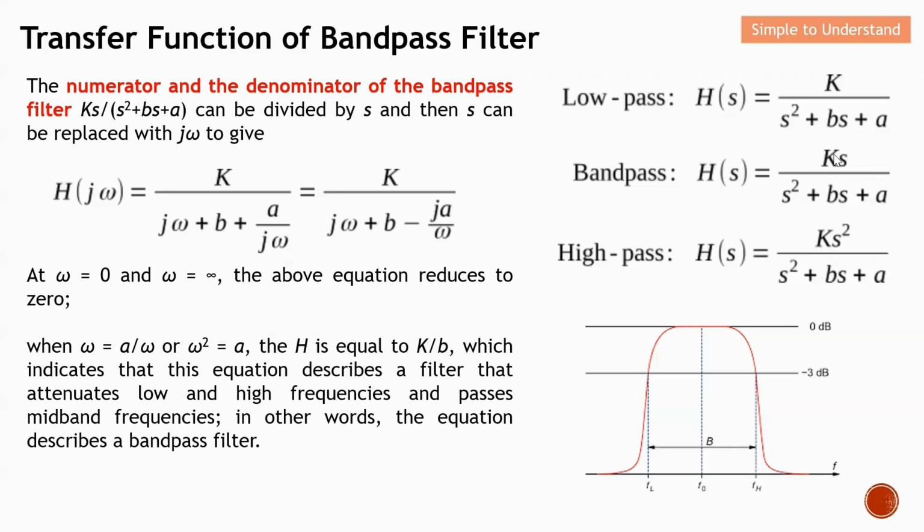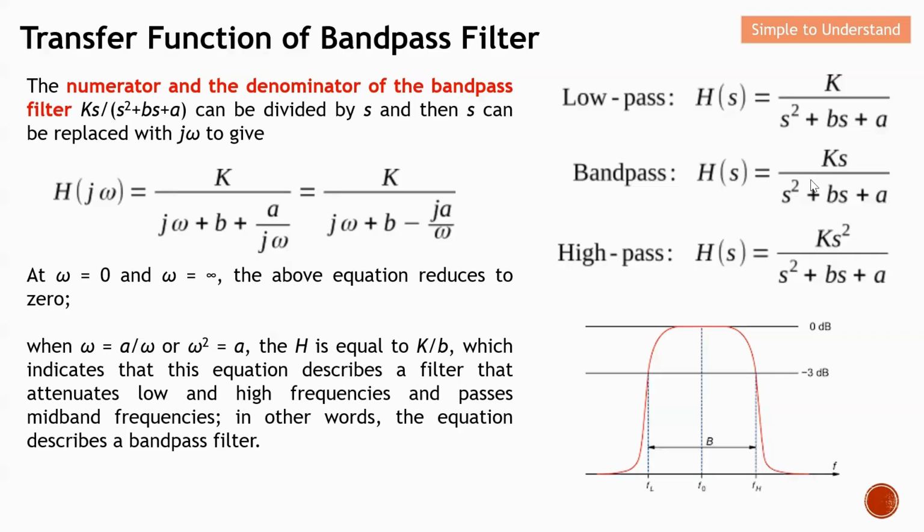Any number divided by infinite squared will be a very small number. This means that at high frequency, again, there won't be any transfer function. Everything will go to 0. At radian equals 0 and also at radian equals infinite, the transfer function will be equal to 0, which I have explained earlier.